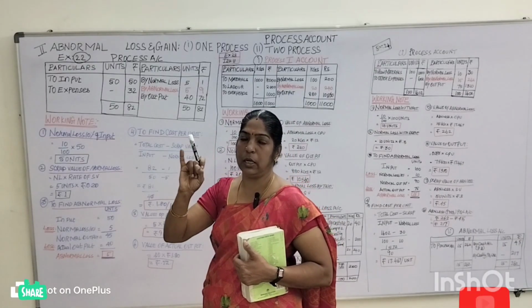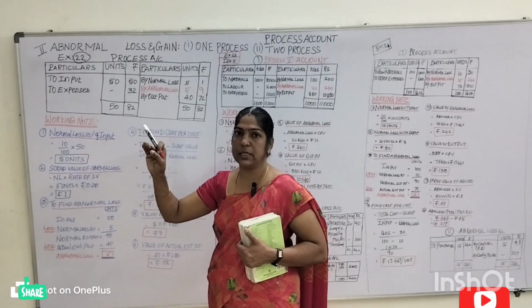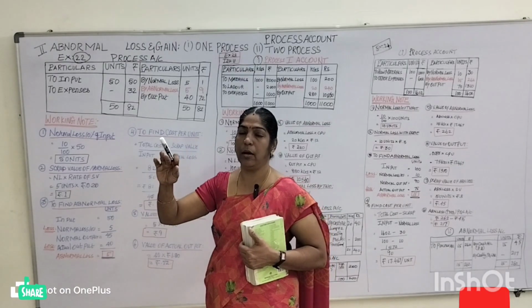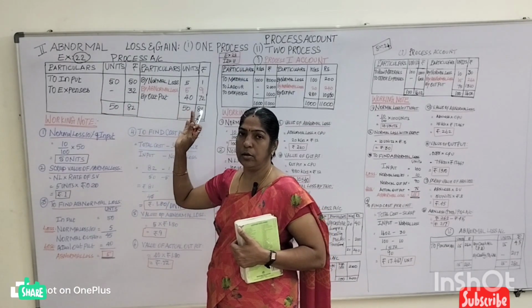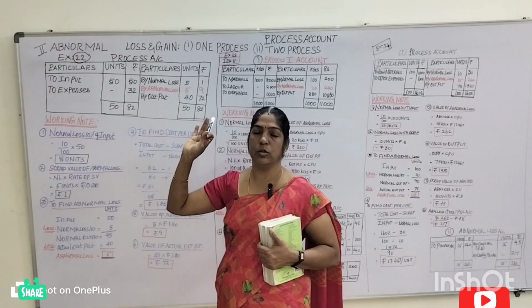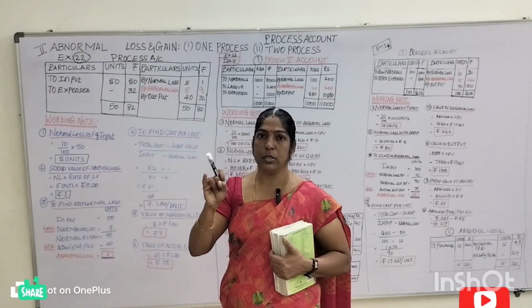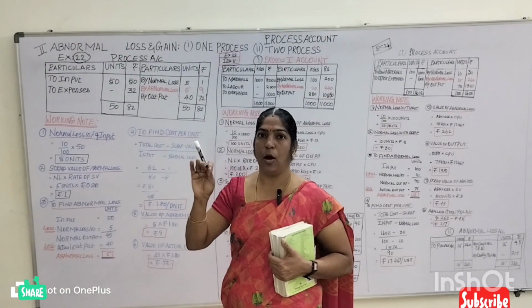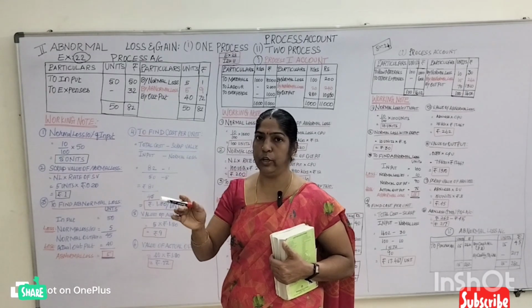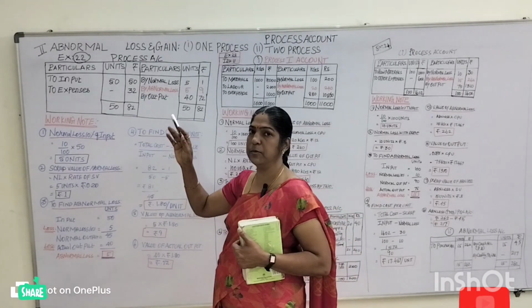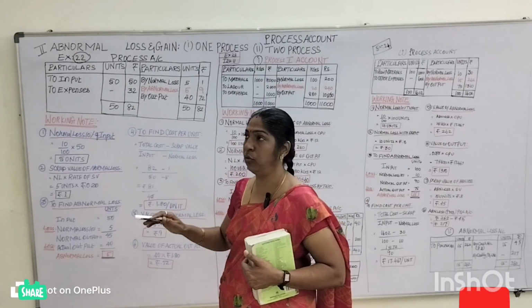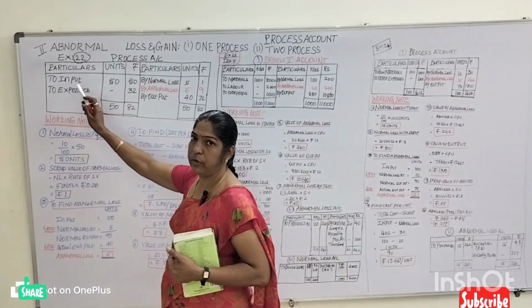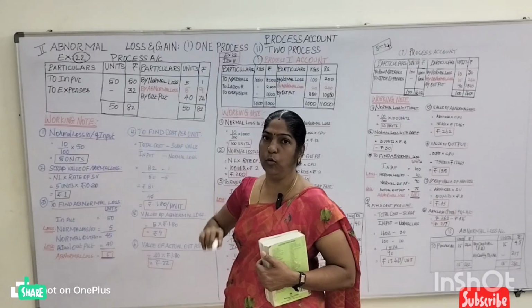As per the format, inputs, all the expenses and the gains, normal and abnormal gains are shown on the debit side. On the credit side, the items shown are abnormal loss, normal loss and output, that is finished goods. So as per the format, we always start with input and end with output.